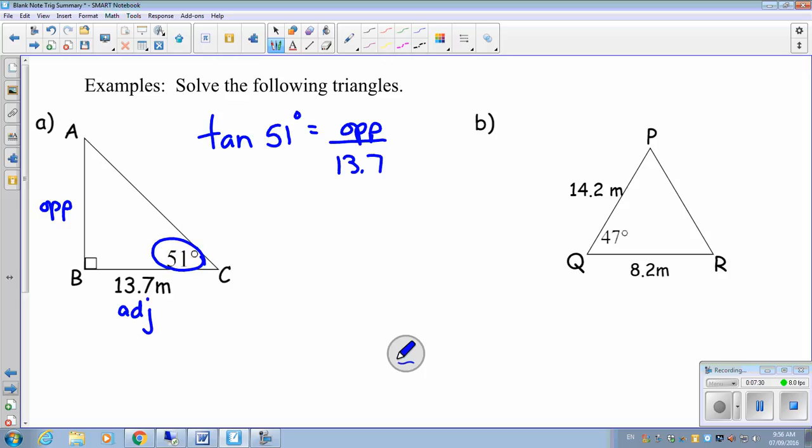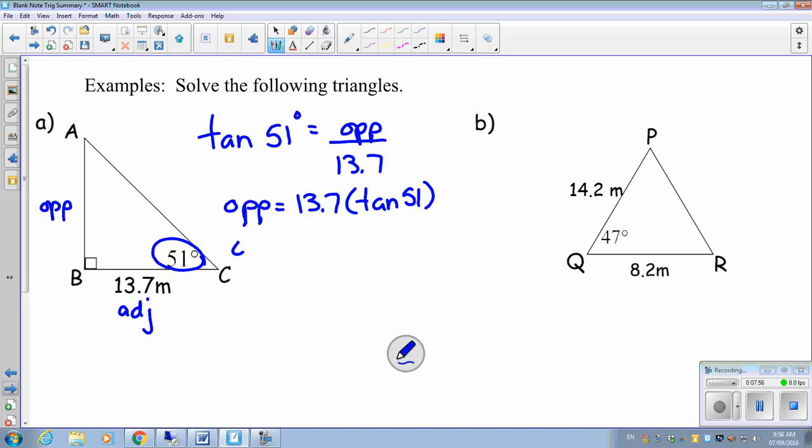Now to calculate my opposite side, I'm going to do the opposite operation. So instead of dividing by 13.7, I'm going to multiply by 13.7. So that will give me 13.7 times the tan of 51. So 13.7 on my calculator multiplied by the tan of 51.